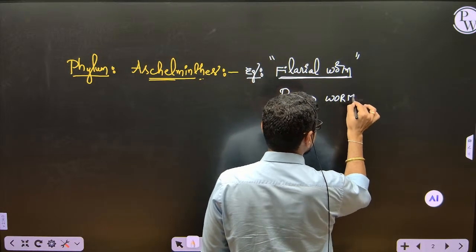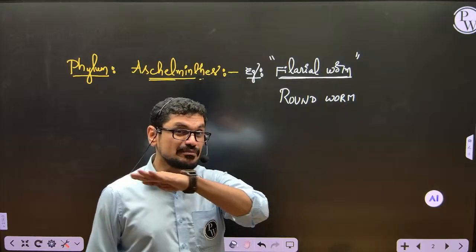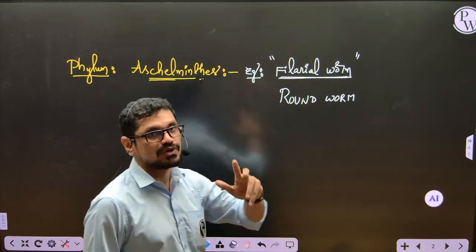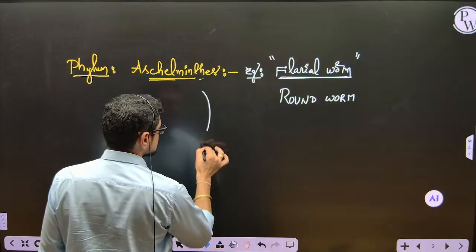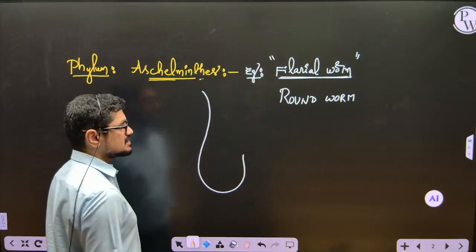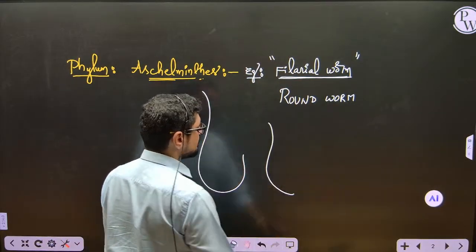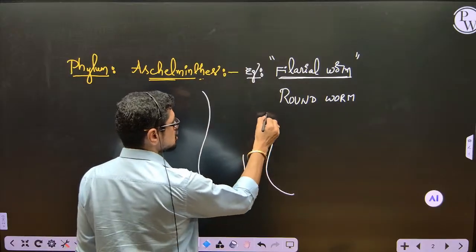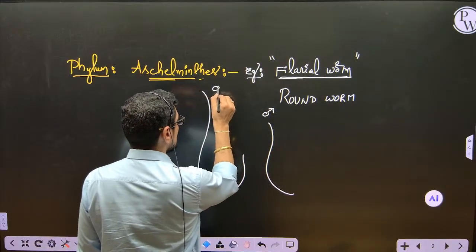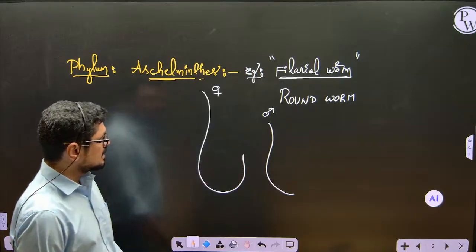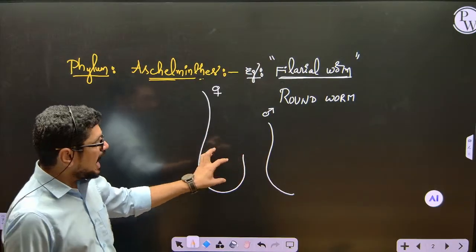Roundworm is not an animal which is round in shape, but if you make a section, it appears round or circular. I mean to say this animal appears like this. See, males and females are present. Generally, males are shorter, whereas females are longer and larger. This is the female and this is the male.